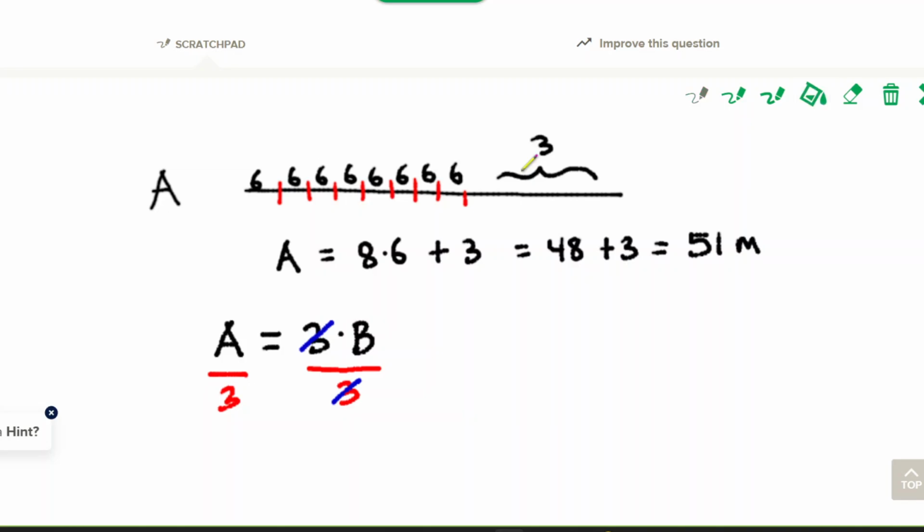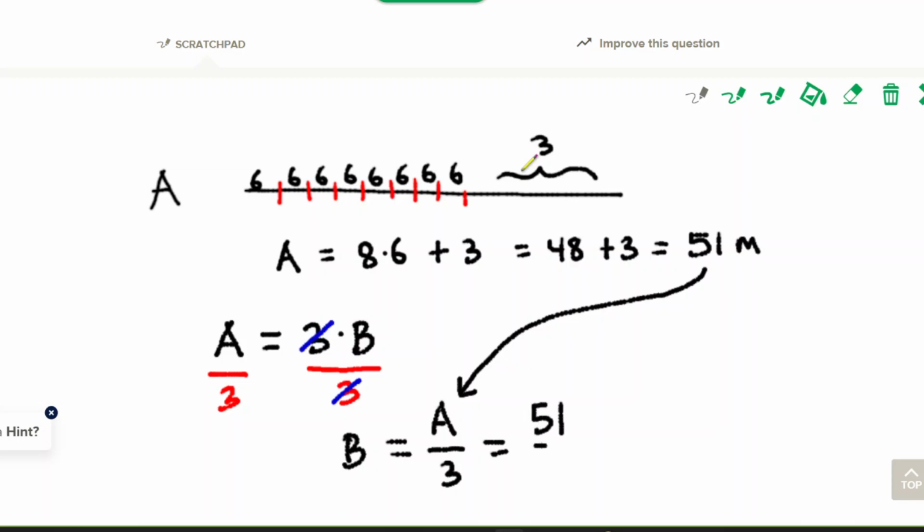And what I'm left with is B will be equal to, I'm just switching sides here, B on one side, and the other side will be the length of A divided by 3. I know the length of A from the previous sentence, so I substitute that in, and we're getting 51 meters divided by 3, and that's 17. 3 goes into 51 17 times.